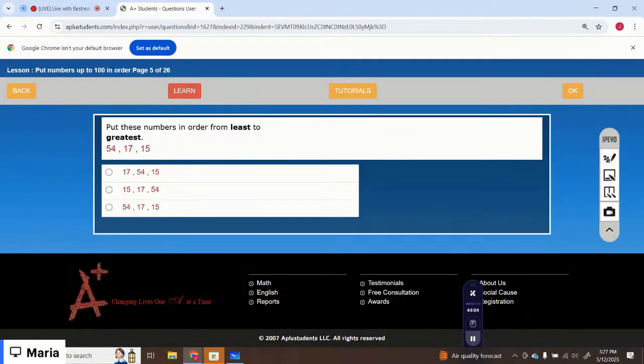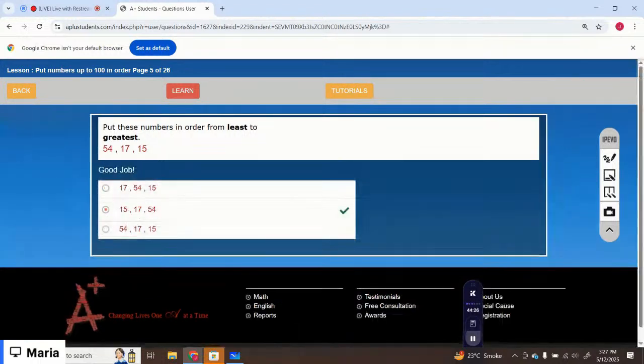That is 15, 17, and 54. The correct option is option number 2, that is 15, 17, 54. Option number 2 is the correct option.